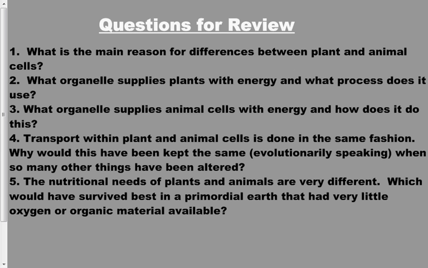What organelle supplies plants with energy? What process does it use? Chloroplast and photosynthesis. Same question, but for animals now. So lysosomes, and it essentially breaks down stuff into sugars. John?